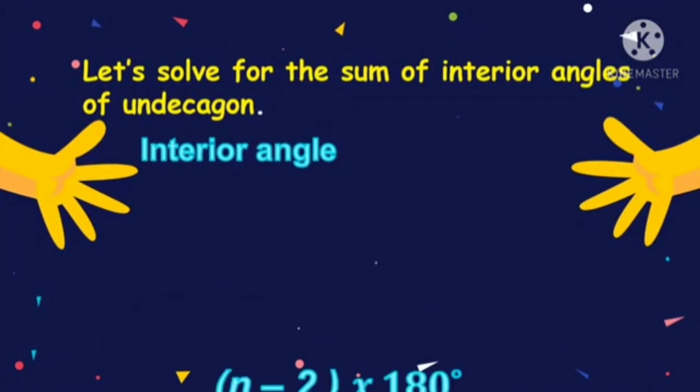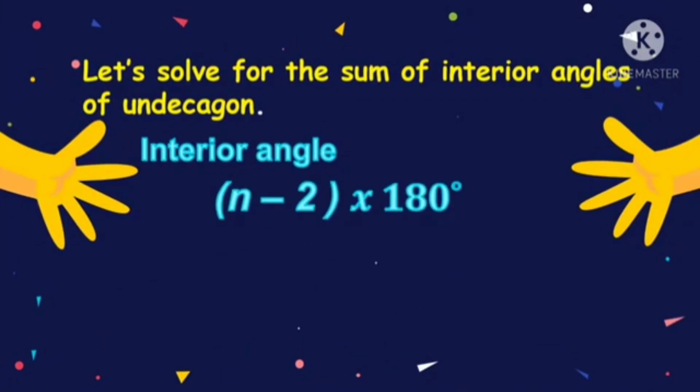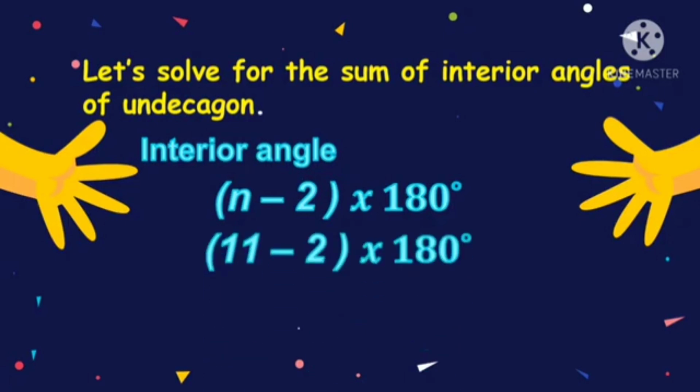Okay, so since ang undecagon ay may 11 sides, isa-substitute natin yung 11 dito sa n. So, magiging 11 minus 2 multiplied by 180 degrees. So, 11 minus 2, una muna natin isi-simplify yung nasa loob ng parentheses. So, 11 minus 2 is 9, then we can multiply by 180 degrees.